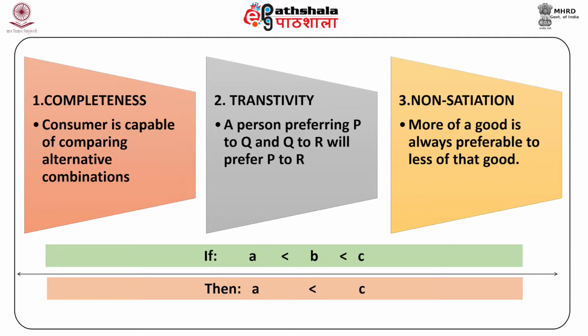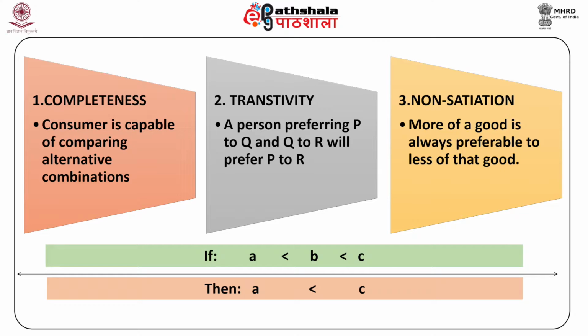Transitivity. The transitivity of preference means that if a person prefers a combination P to Q and also prefers Q to R, then he will prefer P to R. Thus, transitivity implies that consumers' tastes and preferences are consistent. Non-satiation.